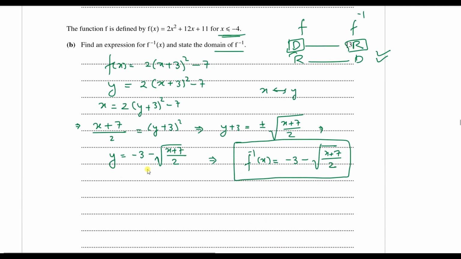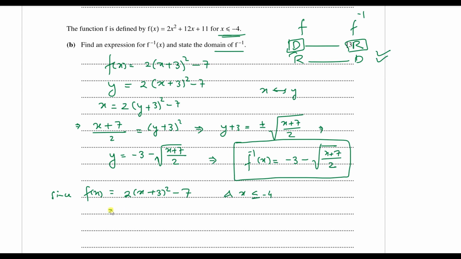The domain of f inverse will be decided from the range of f. Since f(x) is equal to 2 times (x plus 3) whole squared minus 7, and x is less than or equal to minus 4, we will check at minus 4 what the value of f(x) is.